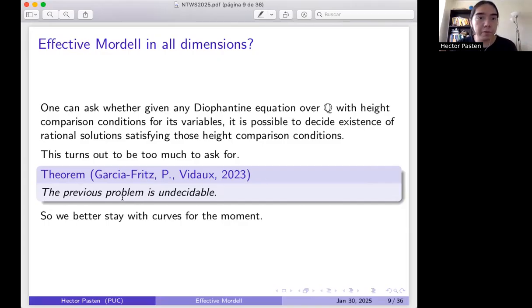We proved this with Natalia Garcia-Fritz and Xavier Vidaux, well, two years ago, but it's coming out this year. It's on the arXiv, by the way. And yes, in this generality, the question of effectivity is undecidable. So we had better stay with the simpler case of curves, because in this setting, we can expect to have an answer, a positive answer maybe.